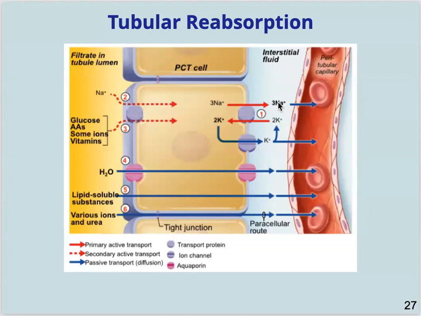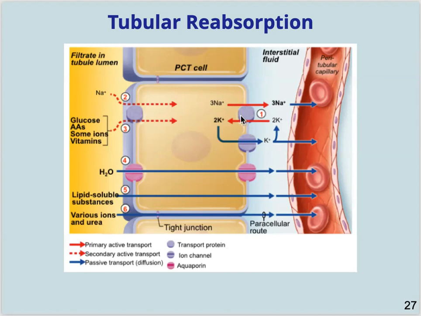And then the sodium diffuses into the circulatory system, whereas potassium is pumped into the cell, maintaining a high intracellular potassium concentration. So this pump uses ATP directly. So this is a form of primary active transport.